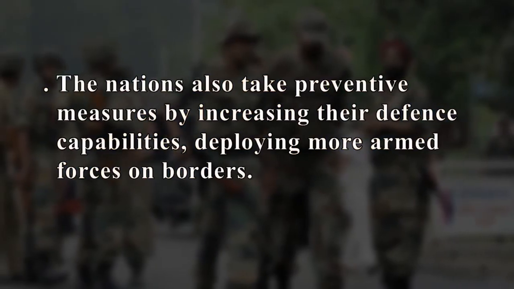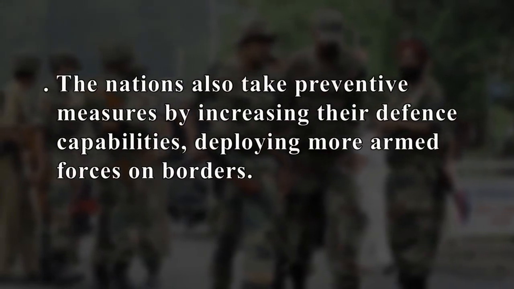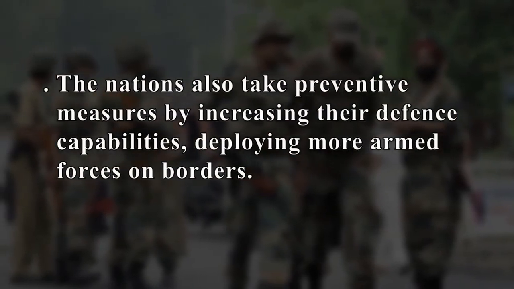As a measure of ensuring peace and security, the cause of the threat of military action is sorted out by the concerned nations through a bilateral agreement or a long term treaty for not taking military action within each other, and the nations also take preventive measures by increasing their defense capabilities, deploying more armed force on borders. Some also adopt a balance of power approach through entering into a treaty with other nations to take joint action in the case of military attack on any one of them.